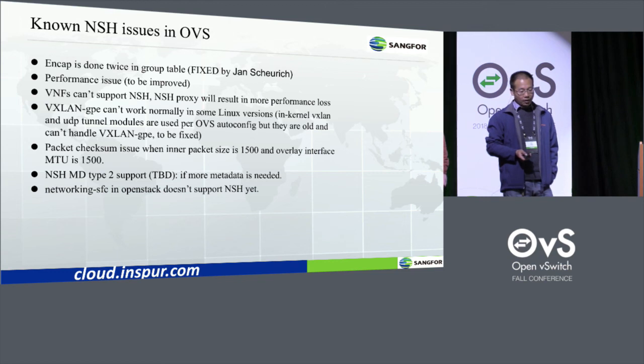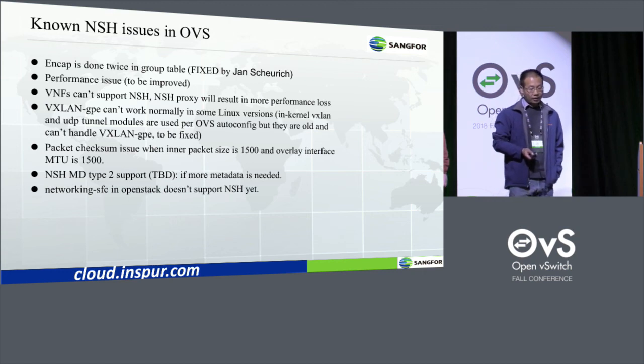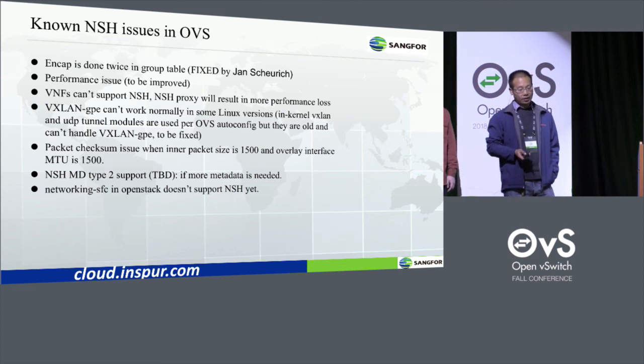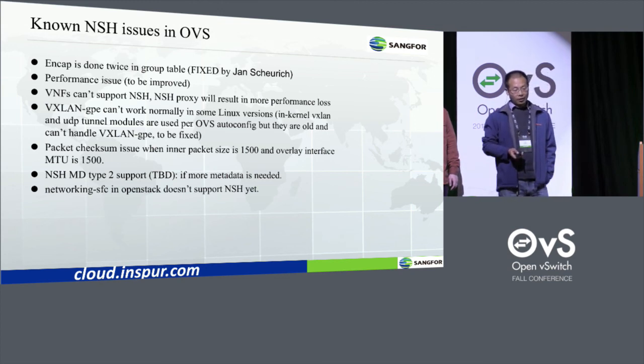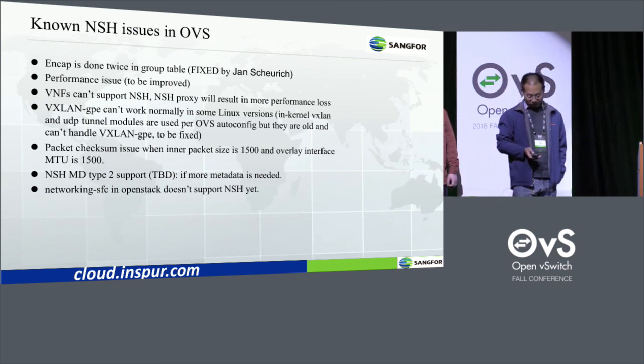For MD type 2, the current implementation can set MD type 2 and set TLVs in the encap action, but it cannot change TLVs or match TLVs. The OpenStack networking SFC project doesn't support NSH yet. So for the orchestration layer, it's not ready.